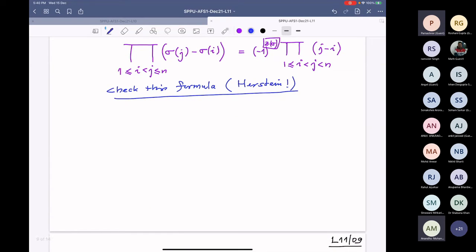Here it doesn't say anything about orbits, etc. So I will not check this formula now because you can check it each time.